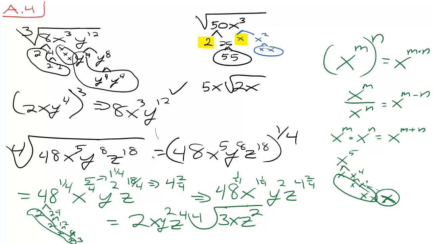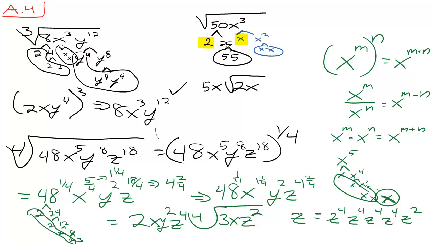With the z to the 18, with 18 of them, you can ask yourself, what's the largest multiple of 4 that is still smaller than 18? That's 16. z to the 4th, z to the 4th, z to the 4th, z to the 4th, there's my 16, and then 2 more gives me 18.